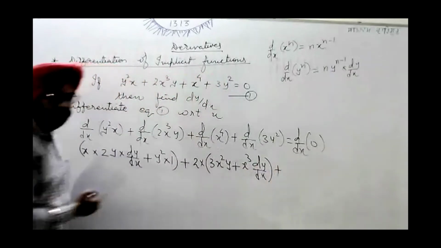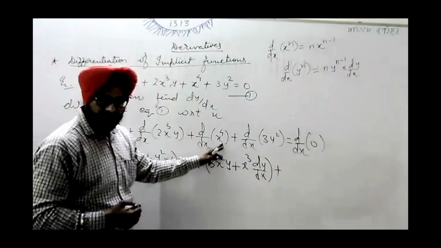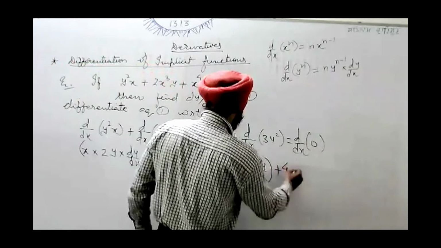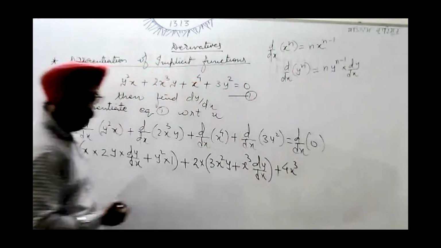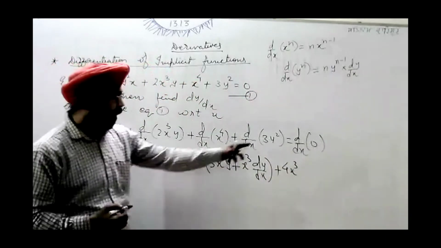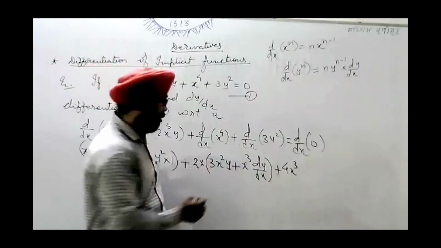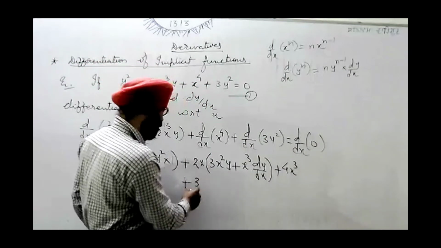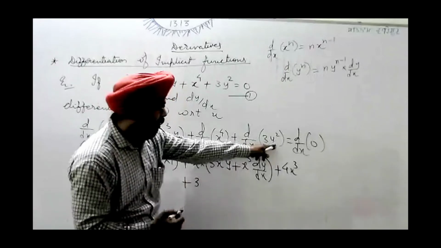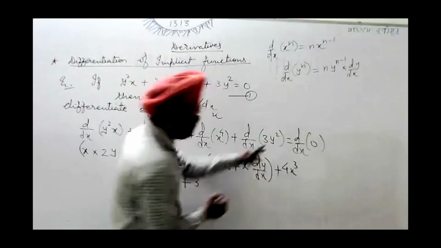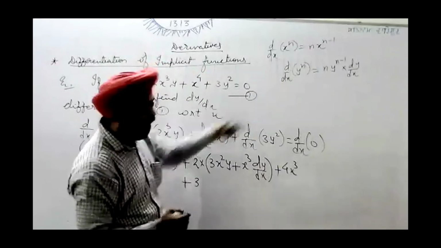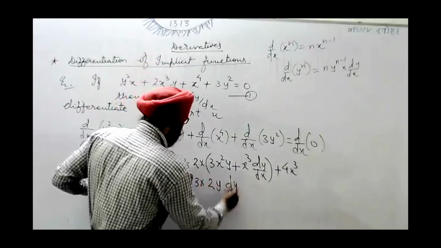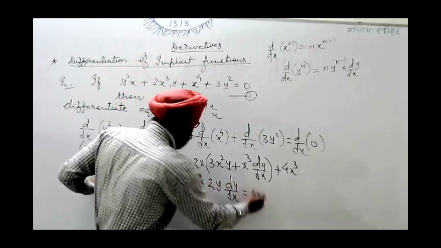Plus x to the power 4, only term, power rule, 4x cube. Next, 3 aside, I'm writing here, plus 3, differentiation of this is y square, so apply the same rule here, y raised to the power n. So this comes 2y dy by dx and right hand side 0.